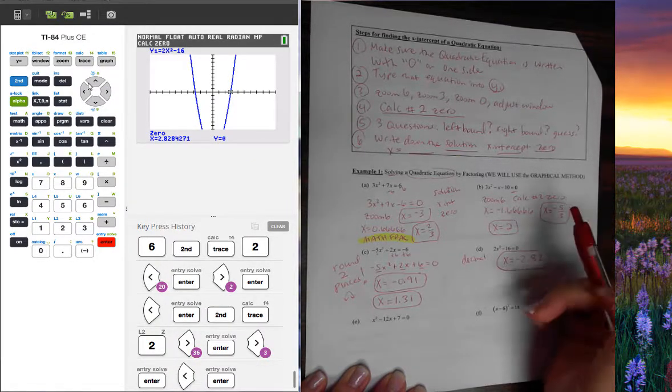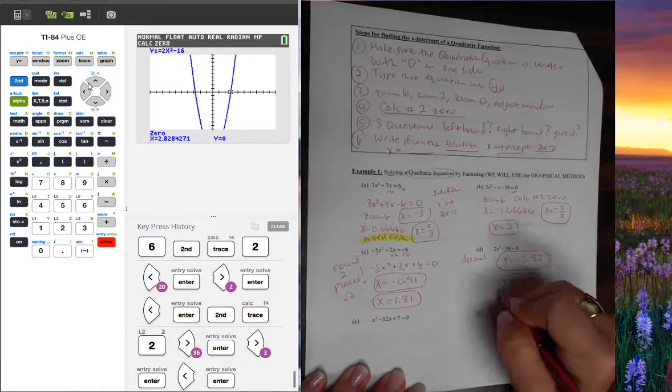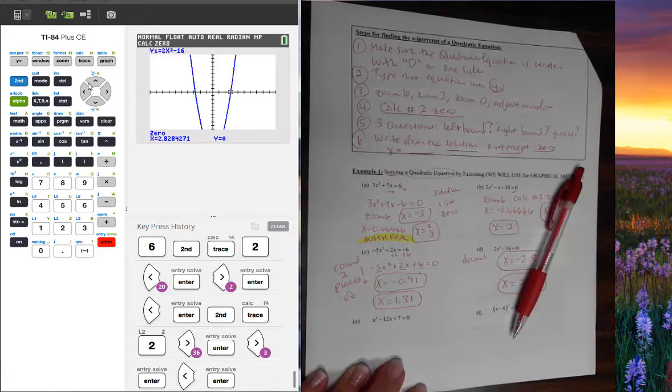Negative, no, not negative, I'm sorry. Positive 2.83. Okay, so round to 2 places on there.